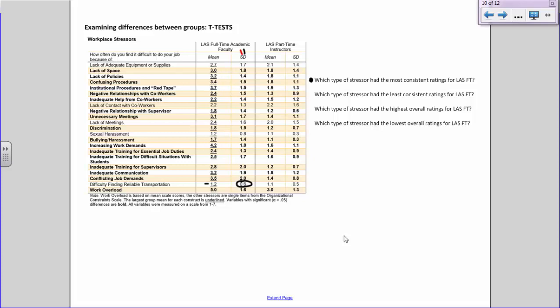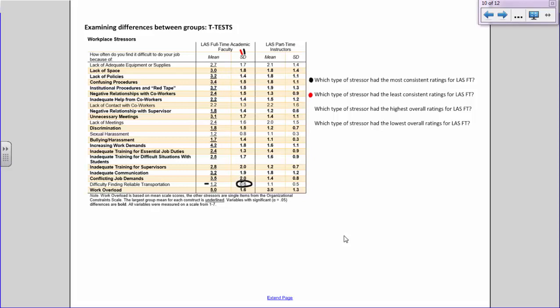Okay, so hopefully you paused it and tried it on your own, because testing yourself is the best way to learn. If we're saying the least consistent ratings, another way to think about that is saying which have the highest standard deviation, the most disagreement, the most spread in scores.